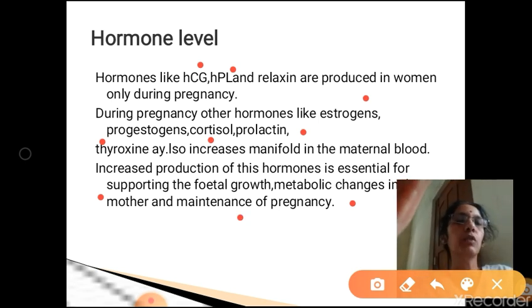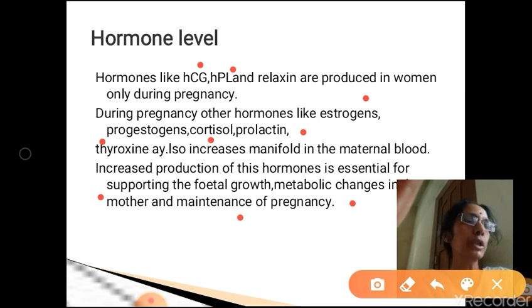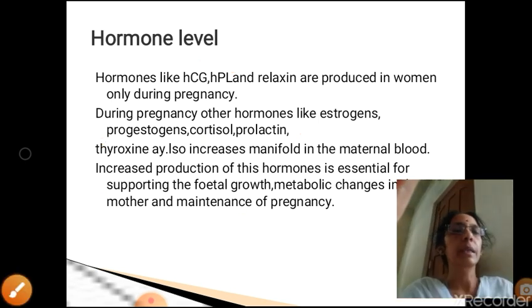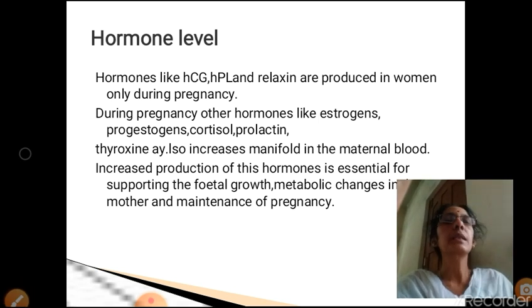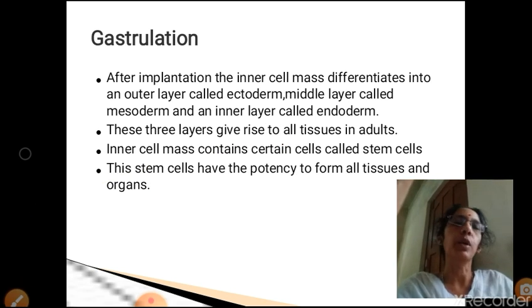So in case of a pregnant woman, hormones like estrogen, progestogen, thyroxine, prolactin and cortisol increase manyfold. Number one is to support the fetal growth. Second is to withstand the metabolic changes. Third is to maintain the pregnancy. For this purpose, the level of the hormones is increasing manyfold.